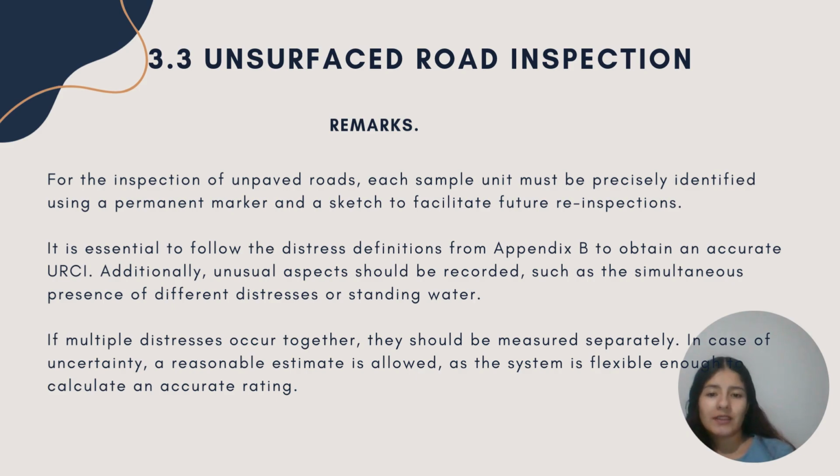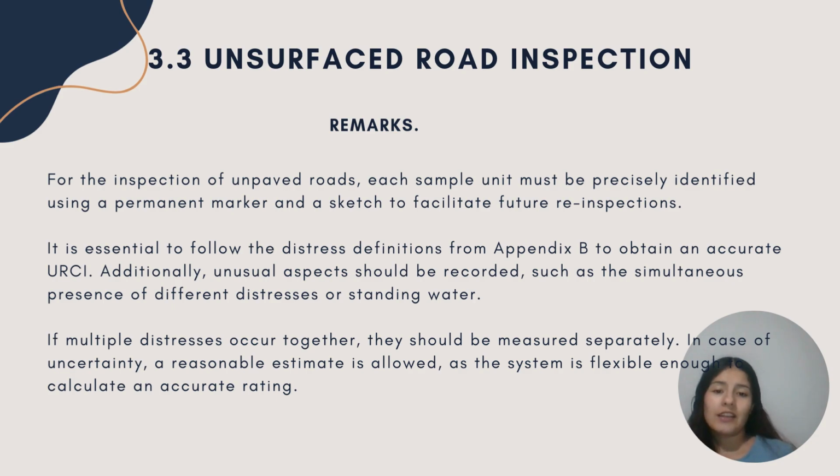Remarks: for the inspection of unpaved roads, each sample unit must be clearly identified, using a permanent marker, and sketched to facilitate future inspections. It is essential to follow the distress definitions in Appendix B to obtain an accurate URCI.